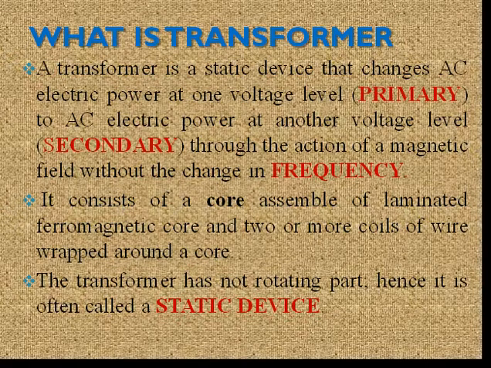Why do we say many times that a transformer is a static device? A transformer has no rotating part, hence it is often called a static device because of no rotating part.